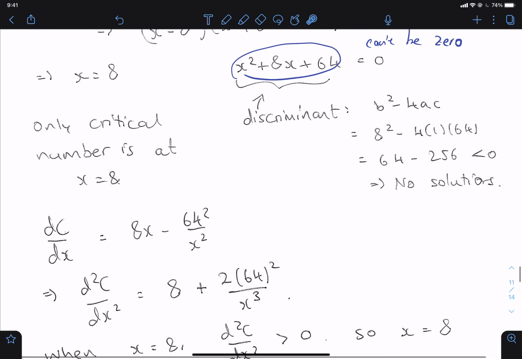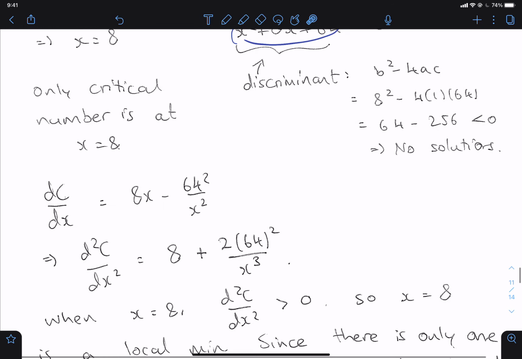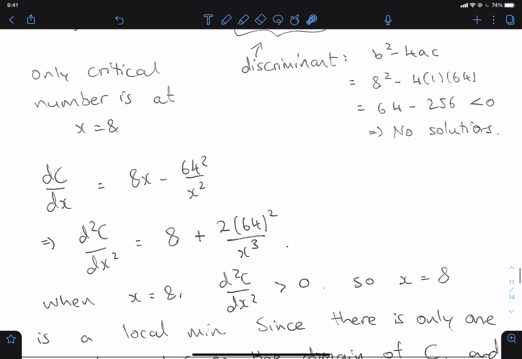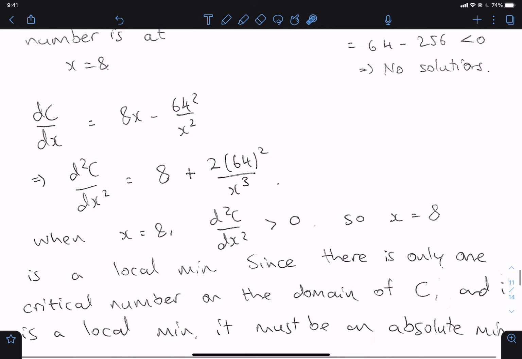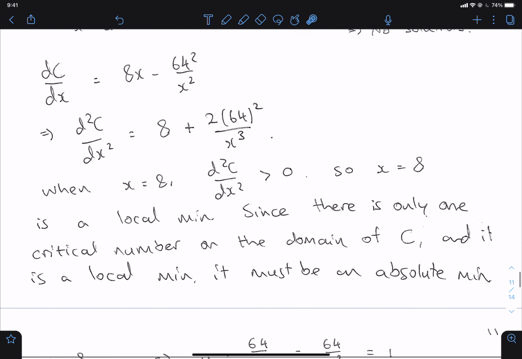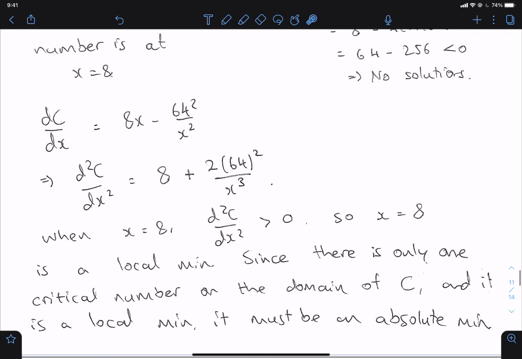And then we're going to take the second derivative, from the first derivative, to figure out what kind of point this critical number is. The second derivative is greater than 0, so it's a local min, right? And for the local min, we're going to take a look at our function again.